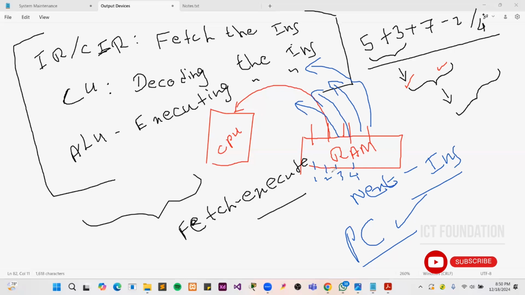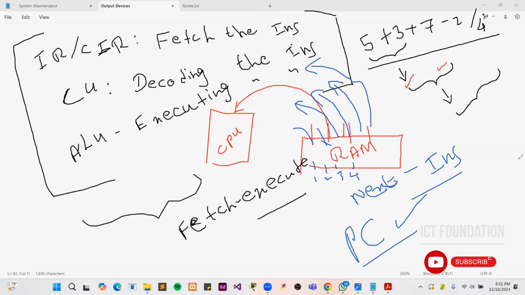At every memory address in the RAM, the data or the instruction will be there. So the program counter will identify which instruction should be transferred to the CPU. Finally, the CPU will execute that instruction. So the program counter is a register which is storing the memory address of the next execution. So these are the basic things under the fetch execute cycle.